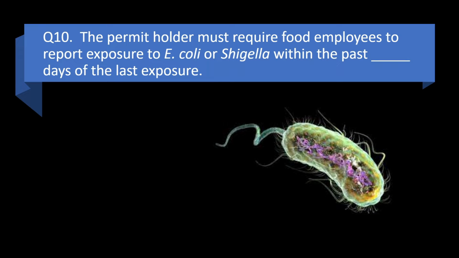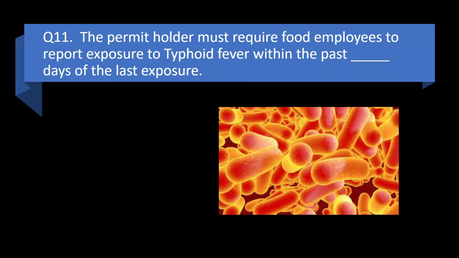Question 10. The permit holder must require food employees to report exposure to E. coli or Shigella within the past blank days of the last exposure. 10, 9, 5, or 3. D. 3. Question 11.